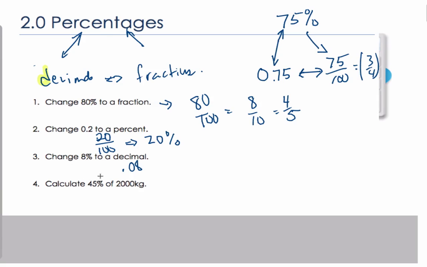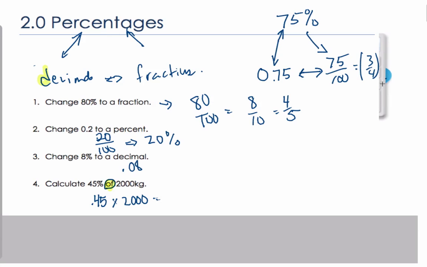And then finally, we're going to calculate an actual percentage. Well, if I want 45% of 2,000, this word here, of, means multiply in mathematics. So to do it, I'm going to change this to a decimal, so 0.45 multiplied by 2,000.